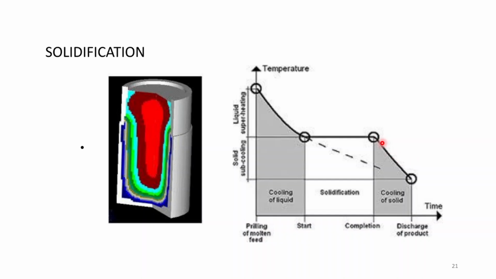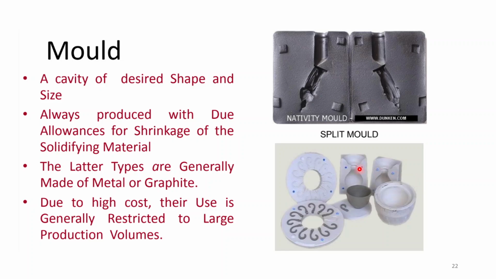So these are the various parts of the casting. First is mold. So mold is the cavity of desired shape and size. So this is the cavity. The pattern was this replica, right? After removal of the replica, you will be left with the cavity. So this cavity is known as mold, and it is always produced with due allowances for shrinkage of the solidifying material.